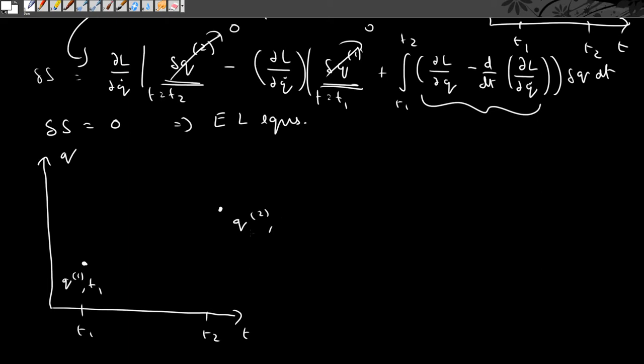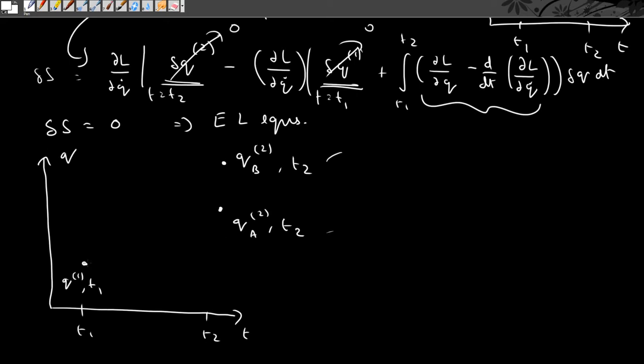So this is Q2A at T2, and some other Q2B at T2. Now corresponding to these two endpoints, we will have two paths which are physically correct.